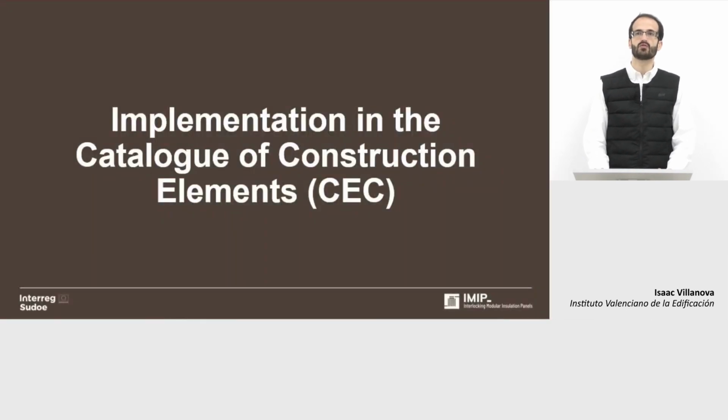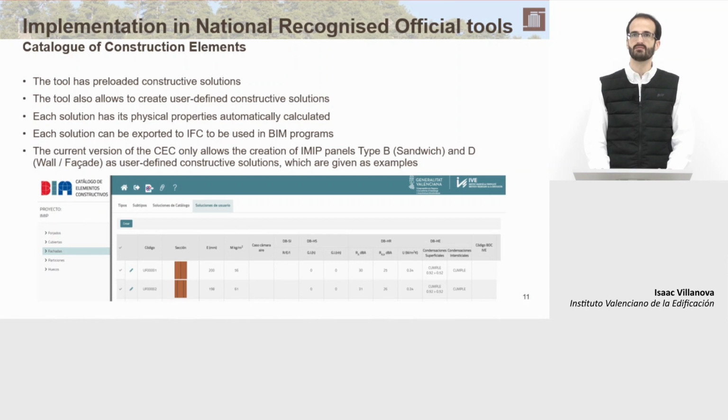Now I'm going to explain the implementation in the Catalogue of Construction Elements, CEC in Spanish. It's a tool that has preloaded constructive solutions, and the tool also allows to create user-defined constructive solutions through this button from here, and each solution has its physical properties automatically calculated in the online tool.